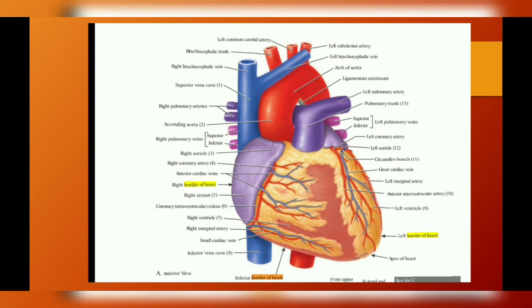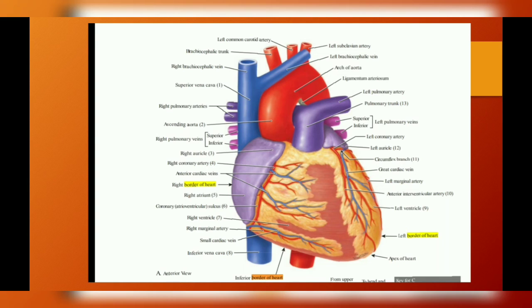And the last one, the inferior border, separates the sternocostal surface from the diaphragmatic surface, formed mainly by the right ventricle, partly by the left ventricle near its apex.